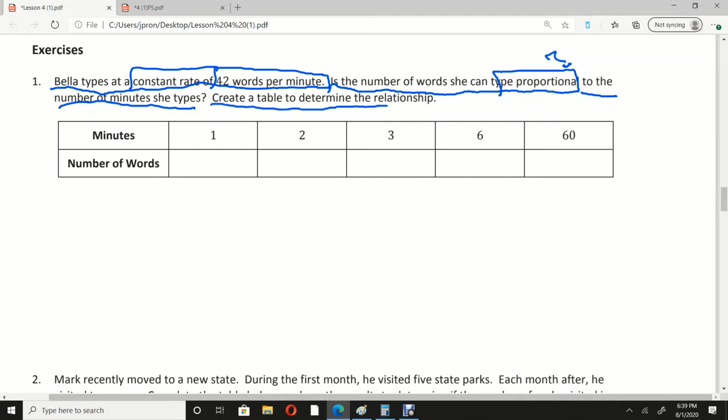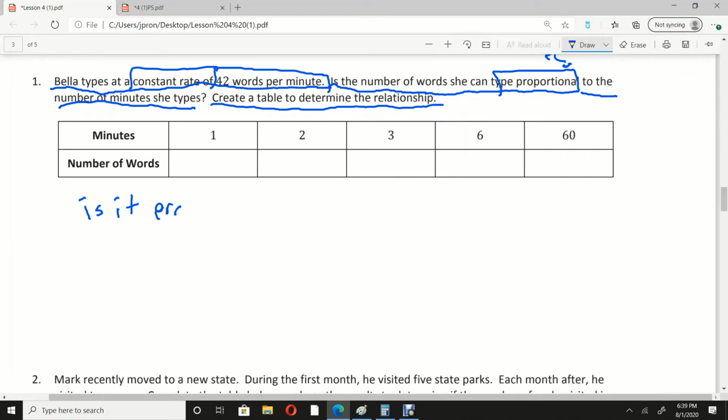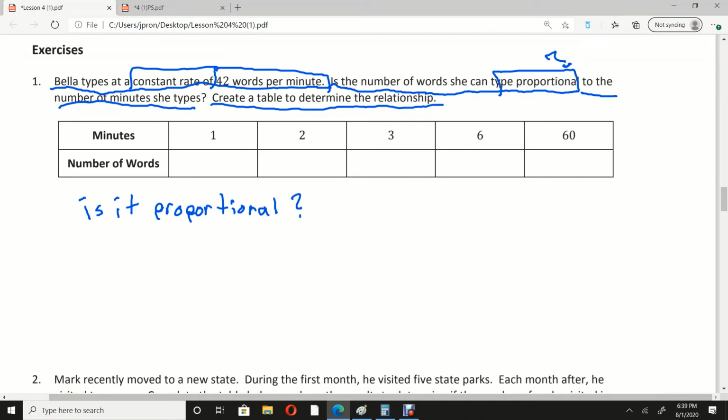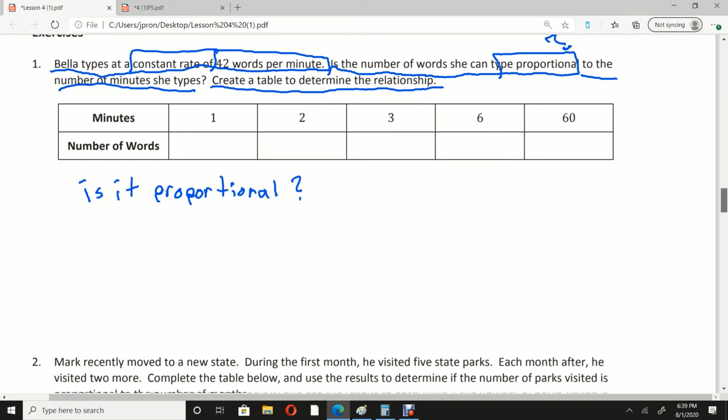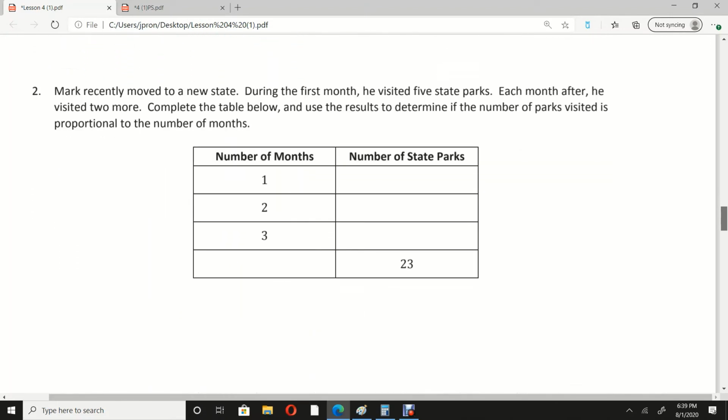Create a table and determine the relationship. So, is it proportional? Answer, and then finish up the table. You got it. And remember your rubric.